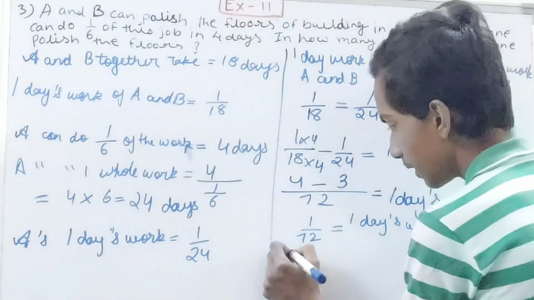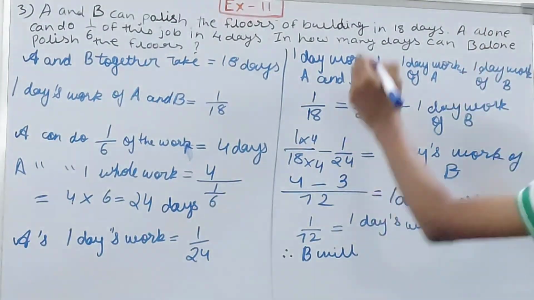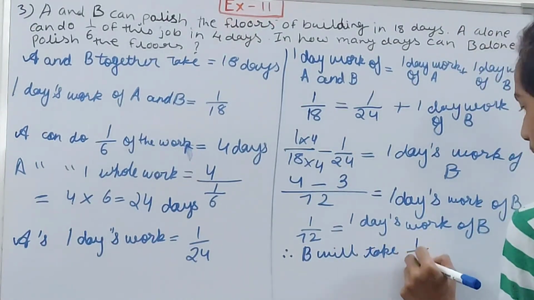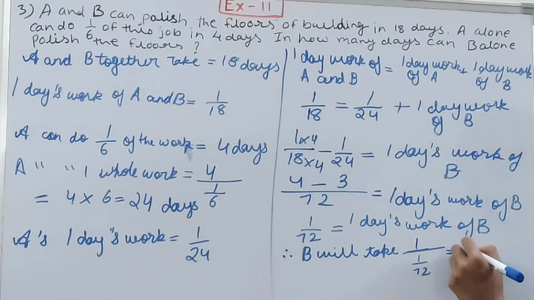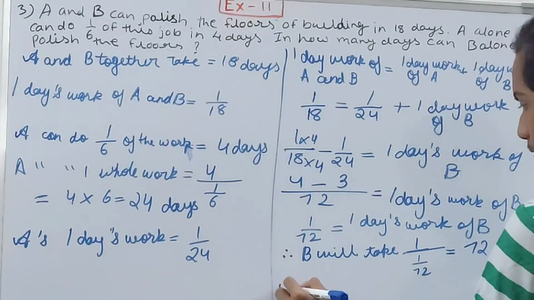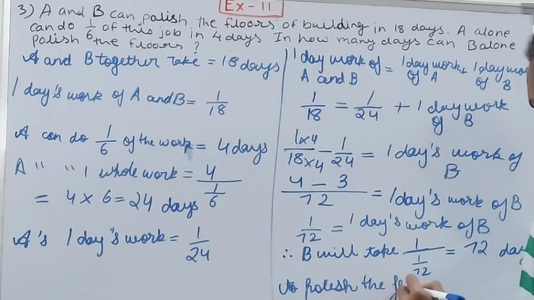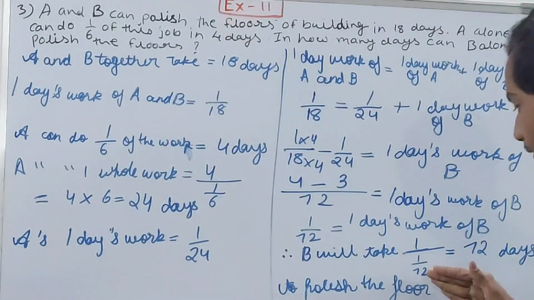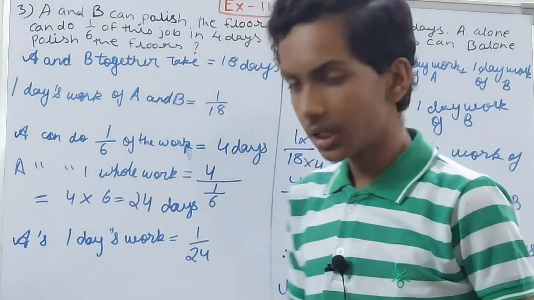Therefore B will take 1 divided by 1 by 72, which is 72 days to polish the floor completely alone. So this many days he will take to do the entire work.